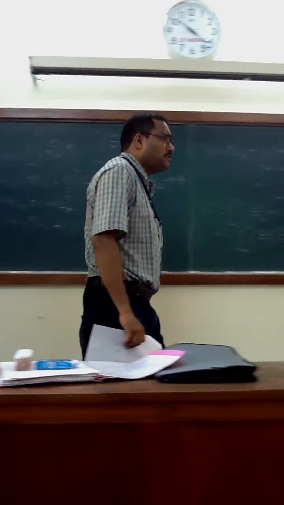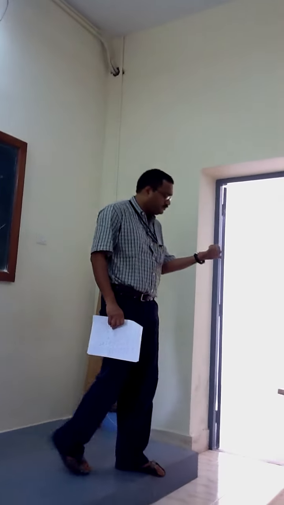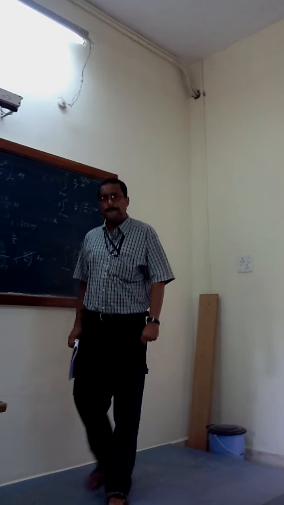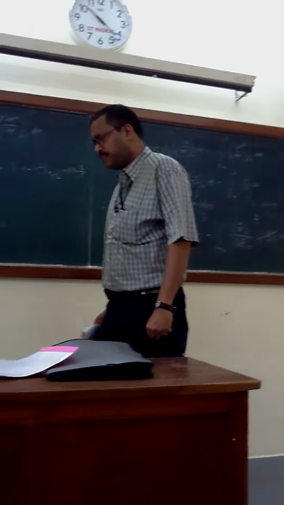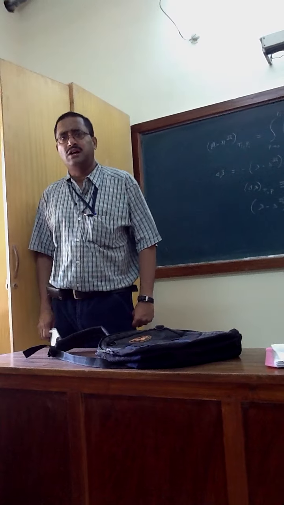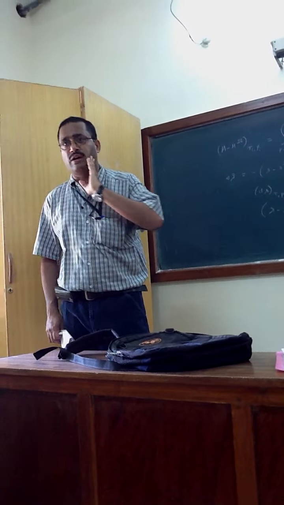It's so difficult. How to do that? 1 by P, dou P. d/dx of ln x equals 1 by x, right? Am I correct? d/dx of ln x equals 1 by x. I get the hint.